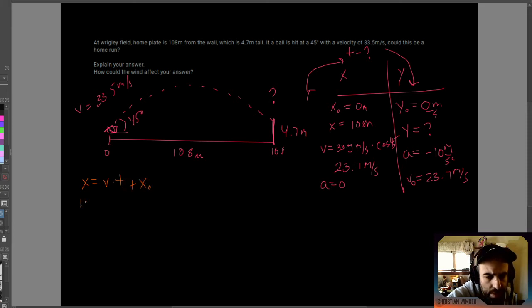So a final position of 108 meters will be equal to 23.7 meters per second times however much time this takes, plus 0 meters, which means that my time will be equal to 108 meters over 23.7 meters per second. Let's turn on my calculator.